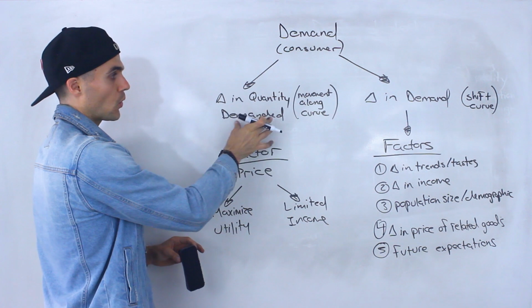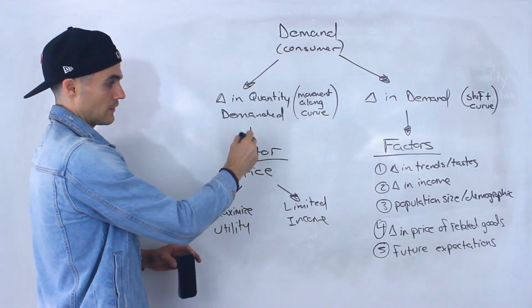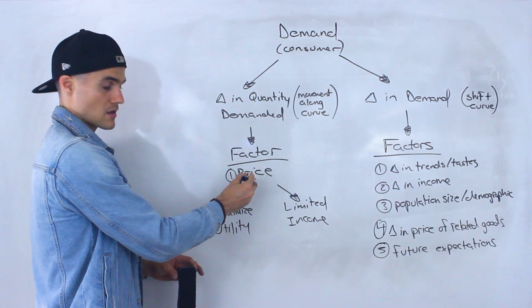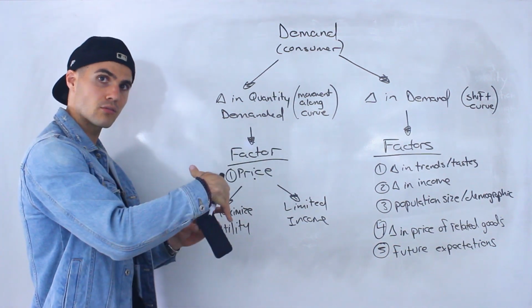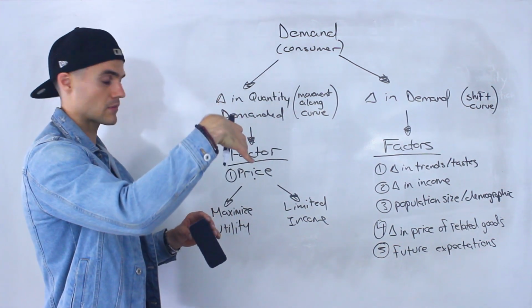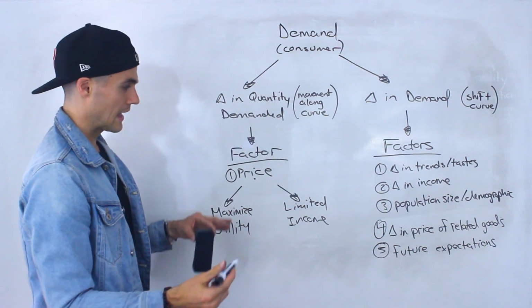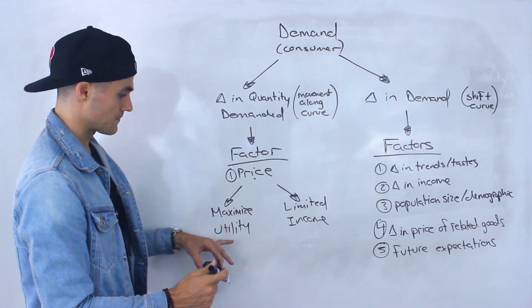Either there's a change in quantity demanded, which is movement along the demand curve, and there's only one factor that affects that, and that is the price of a good or service. And so the law of demand: if that price goes down, the quantity demanded goes up; if the price goes up, the quantity demanded goes down. Inverse relationship.